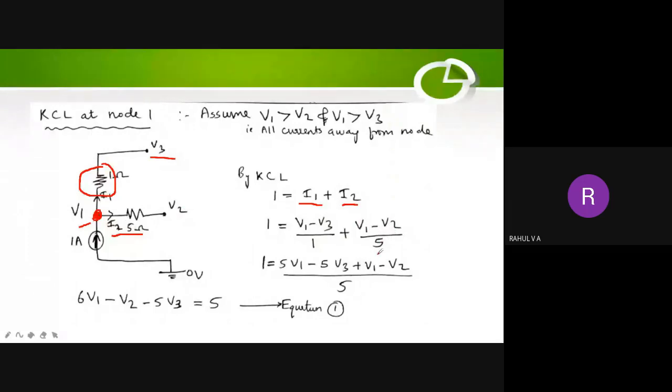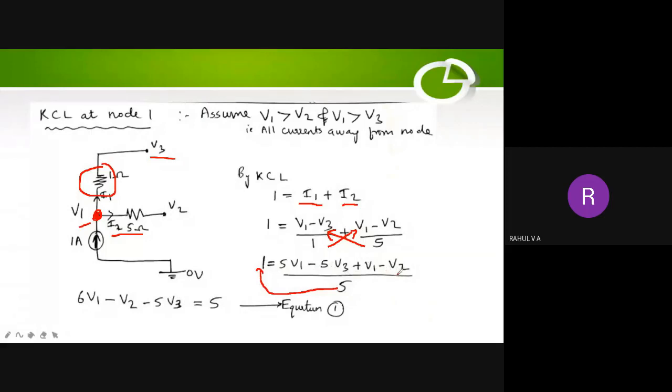Okay, so then the denominators of both the terms are different. You have to make it common. So for this I am cross multiplying the denominator. So I will get 5V1 minus 5V3 plus V1 minus V2 divided by 5. So then I can take this 5 to this side. So 5 is equal to 5V1 minus 5V3 plus V1 minus V2.